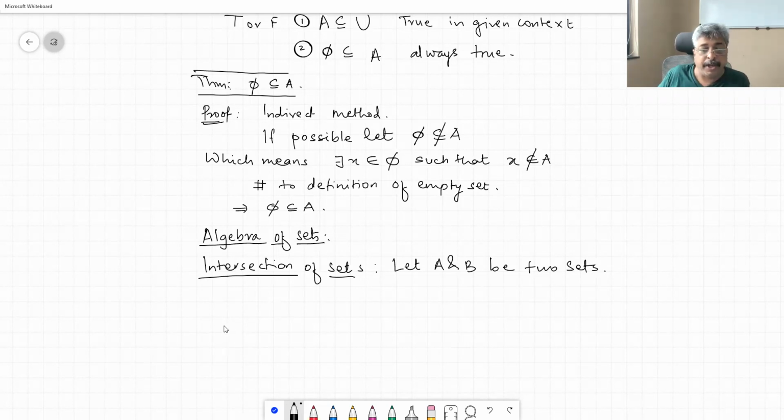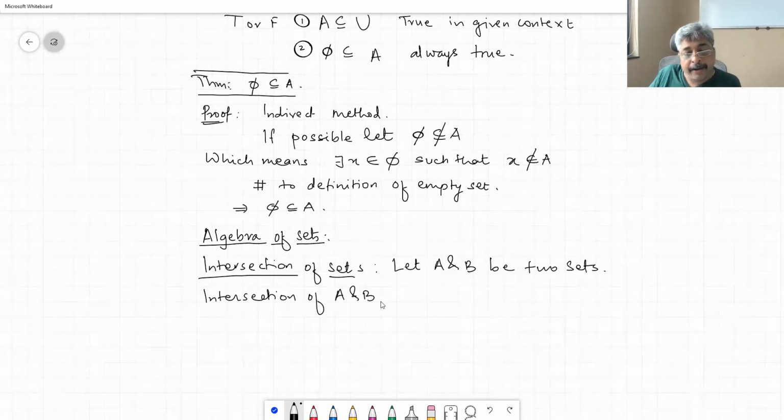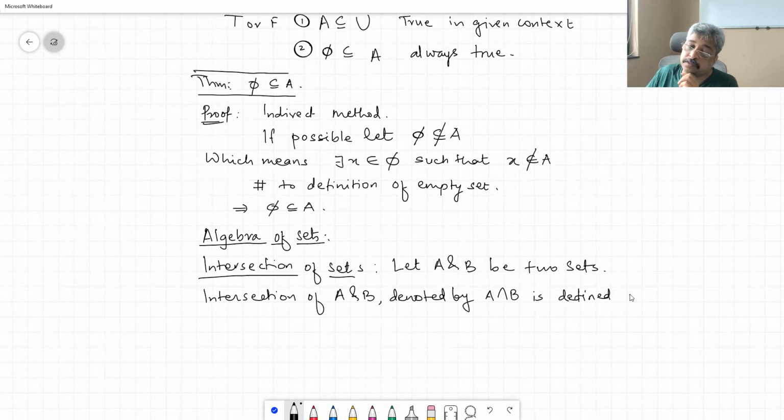Intersection of A and B, denoted by A intersection B, is defined as... How do you want to define?